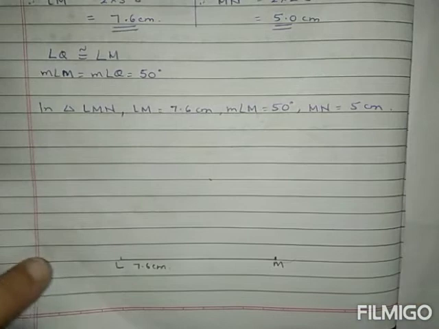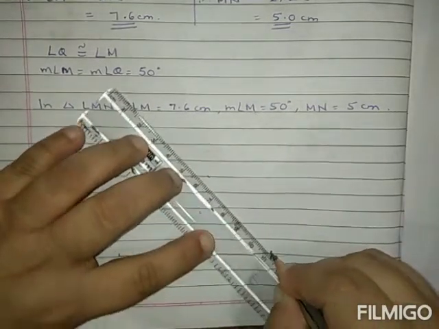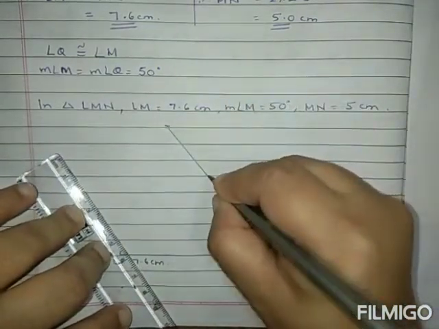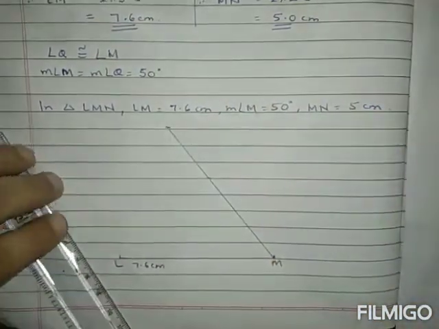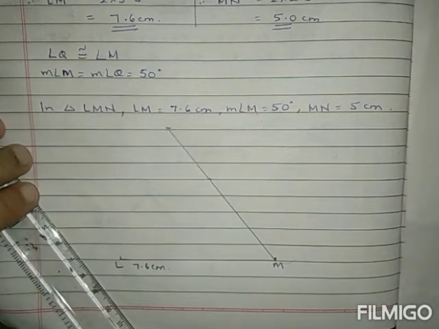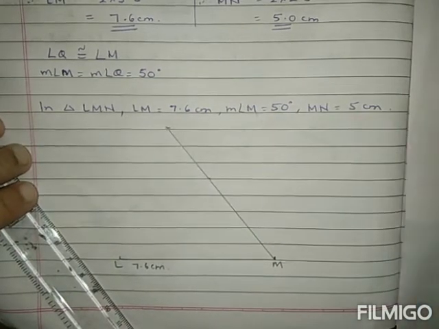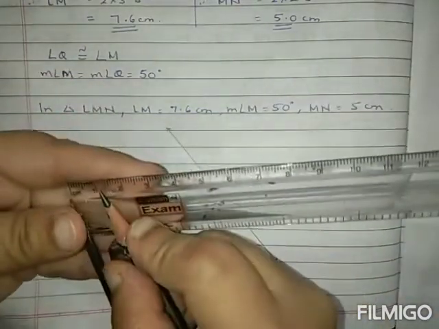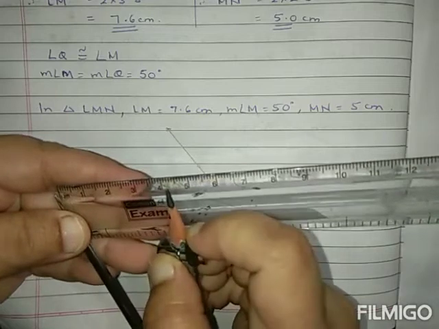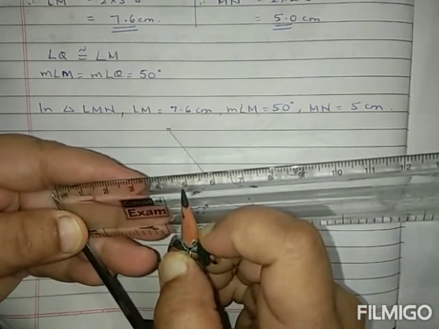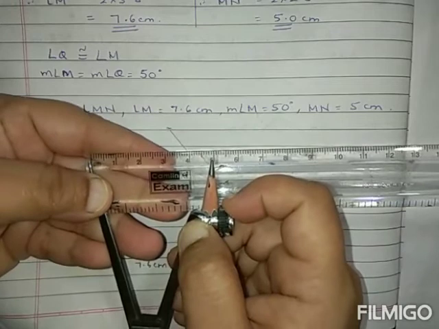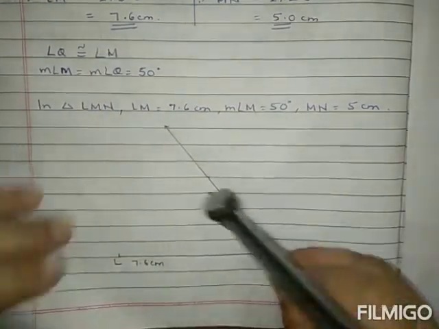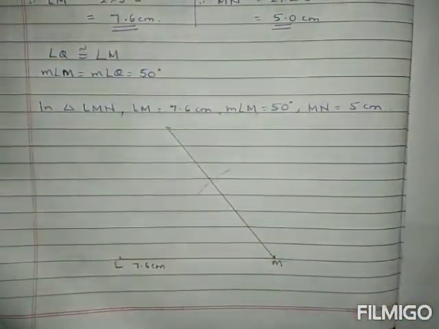So this is the point here, 50 degrees. Now on this I want MN, which is 5 centimeters. So on the compass take 5 centimeters, place it on M and draw this up.